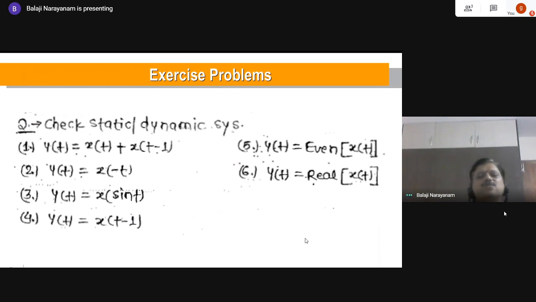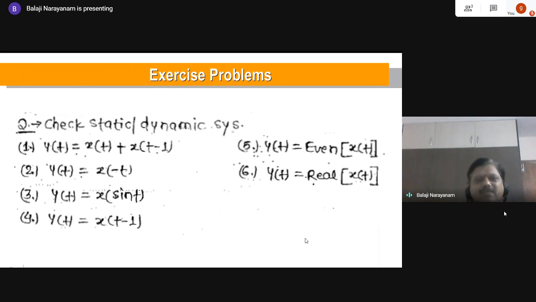And now we have a good number of problems, 6 problems, and out of these 6 problems you need to identify whether the given systems are static or dynamic. The first 4 are okay, fine, and when it comes to the fifth one, you observe the even part of x of t.